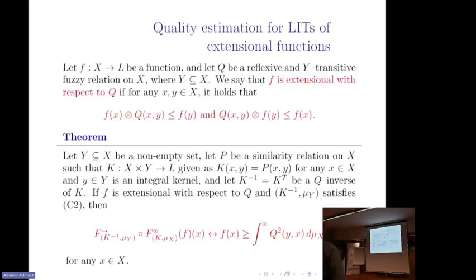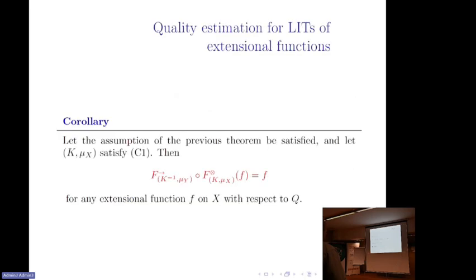The second one is that the composition, so the reconstruction, is similar to the original f of x than the integral of Q square, when Q is again the kernel which is used to determine the inverse kernel. So it doesn't depend on the function f, completely doesn't depend. And under some conditions, we can show also that it is equal to f.